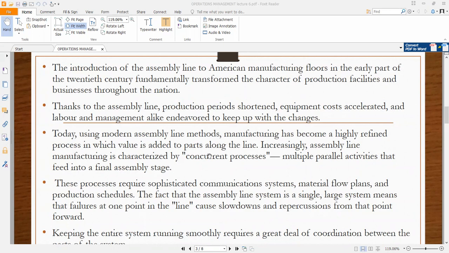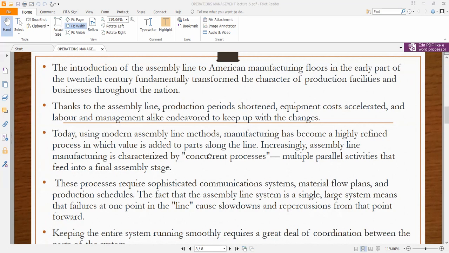Equipment costs have accelerated, and labor management has also changed.